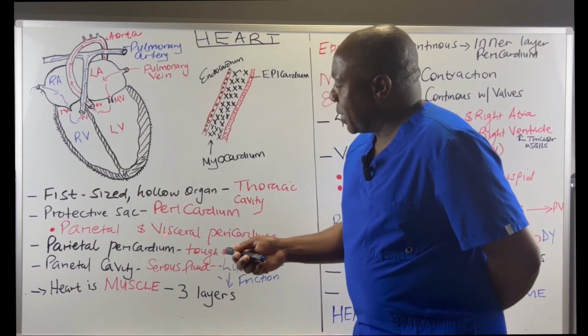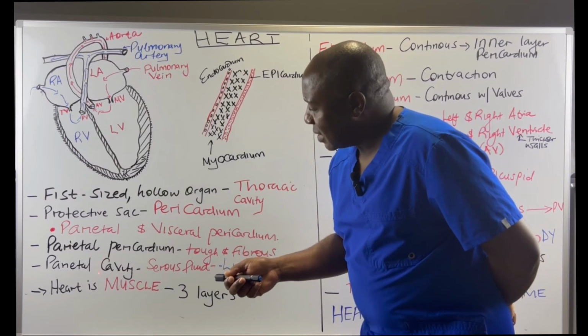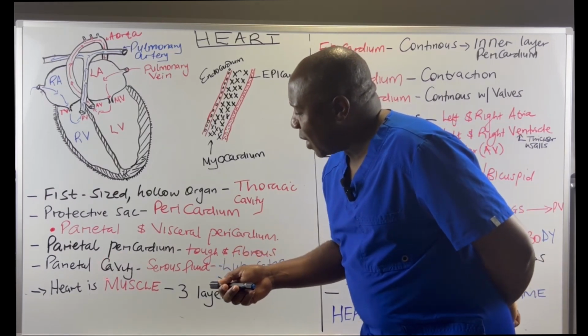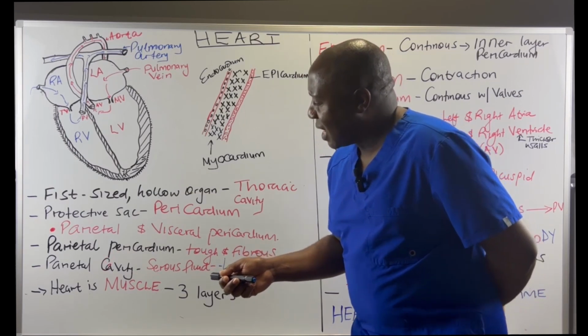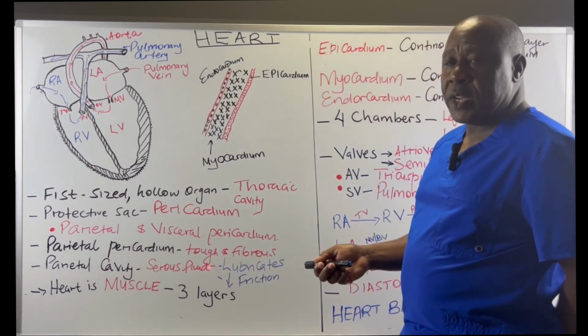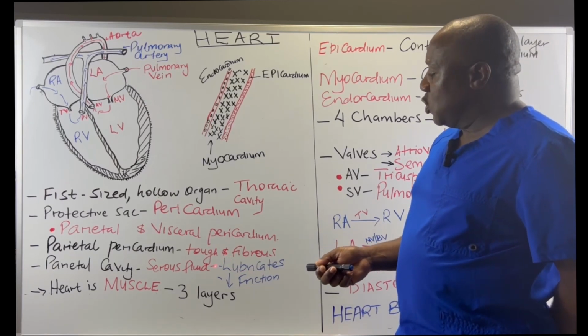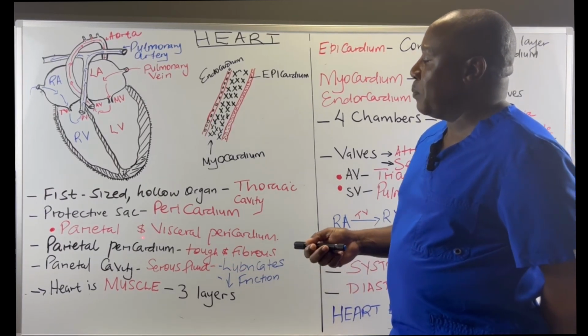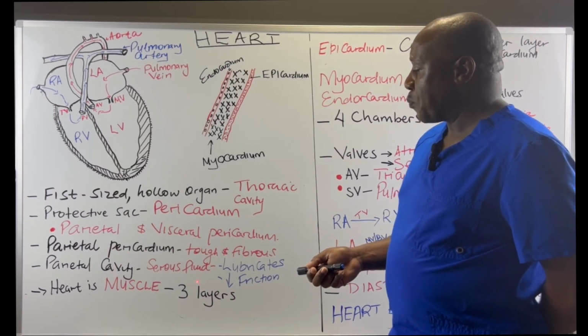Between the parietal pericardium and the visceral pericardium, we have a space or a cavity referred to as the pericardial cavity. This cavity is filled with serous fluid, which provides lubrication and reduces friction as the heart pumps blood throughout the body.